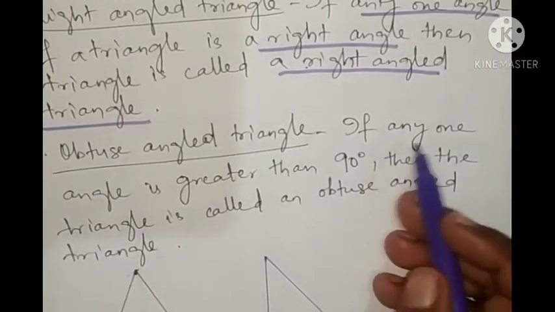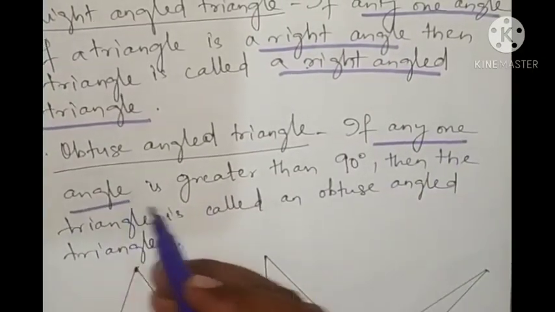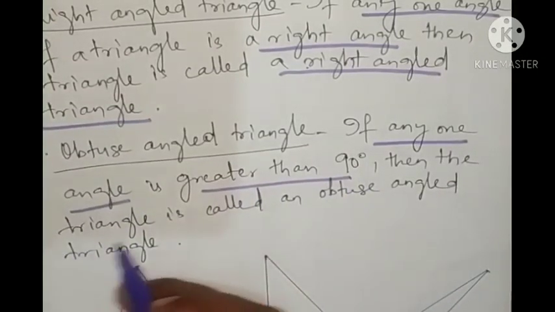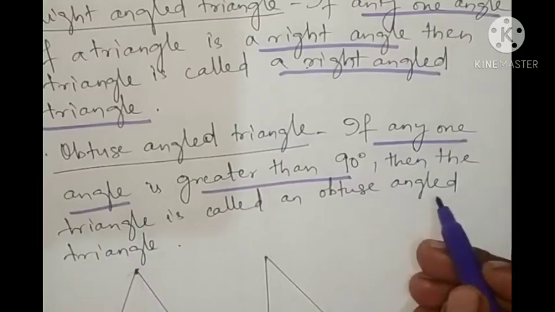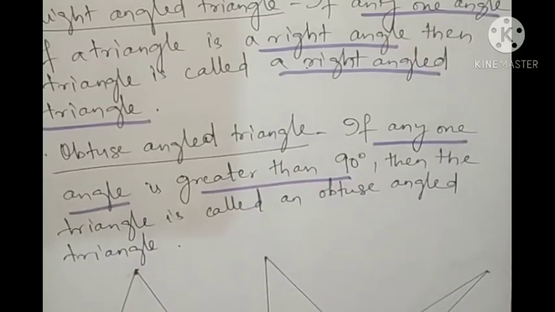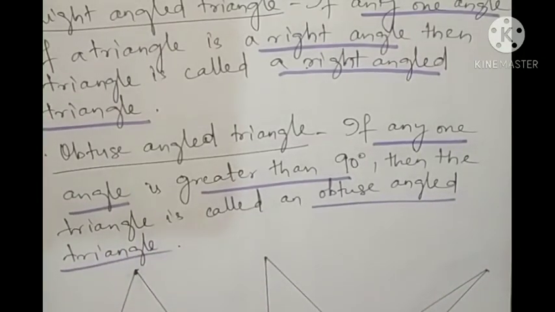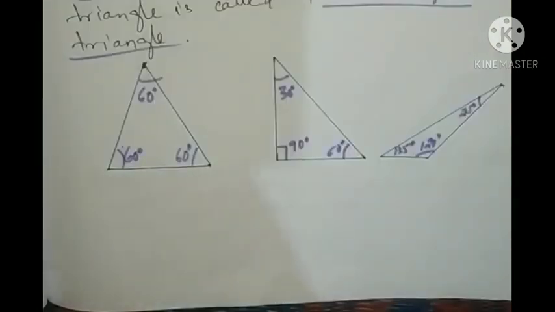If any one angle is greater than 90 degree, then the triangle is called an obtuse angled triangle.